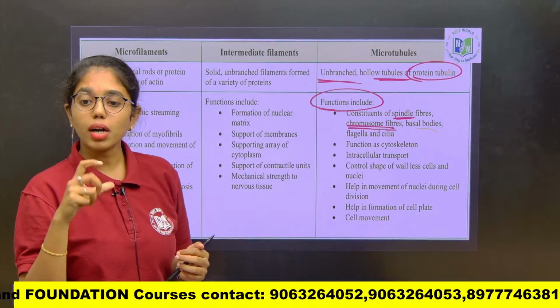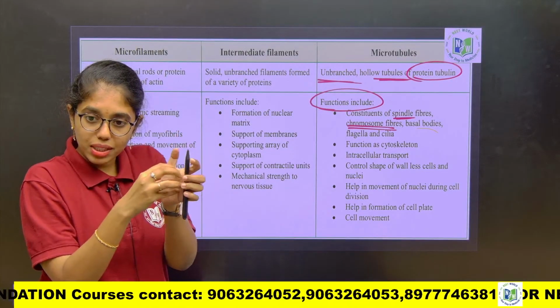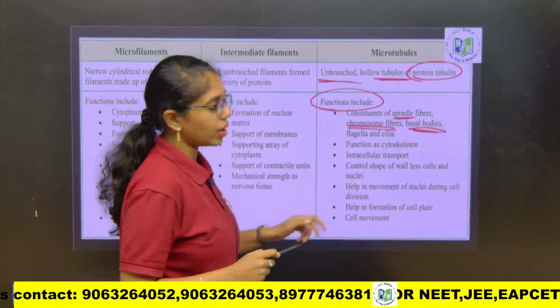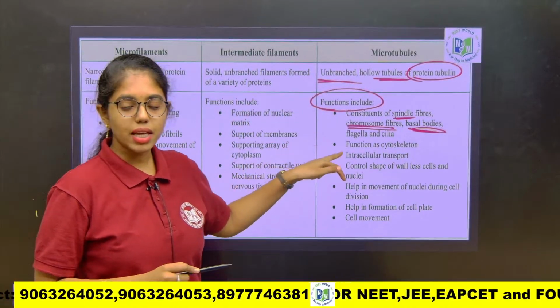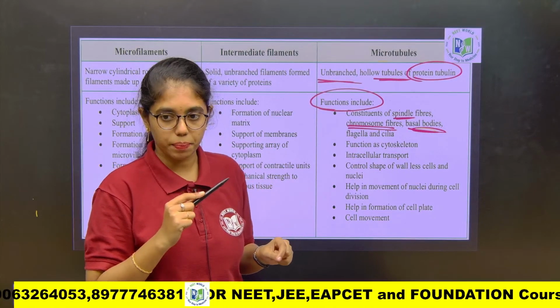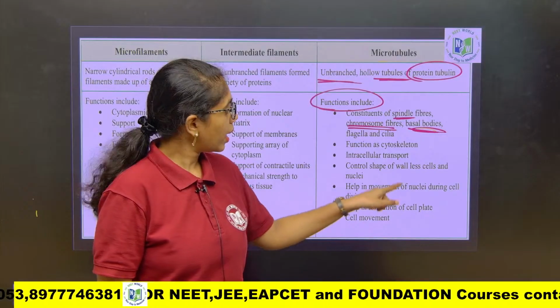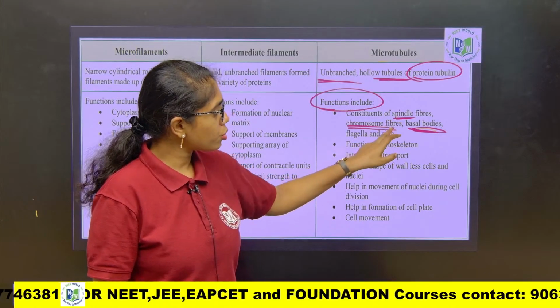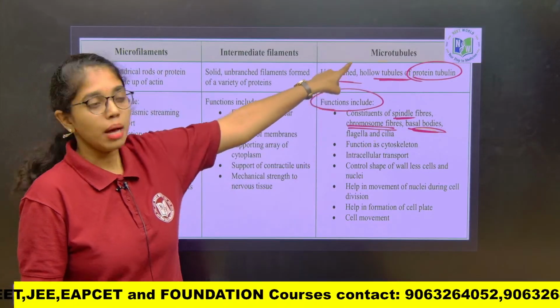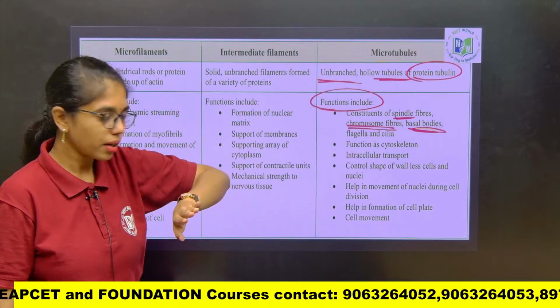That basal body is attached to the cell membrane and cell wall through microtubules. In cilia and flagella also you can see the microtubule arrangement in cartwheel shape. So, spindle fibers, chromosome fibers, basal bodies, cilia and flagella are all composed of microtubules. Clear with this now?